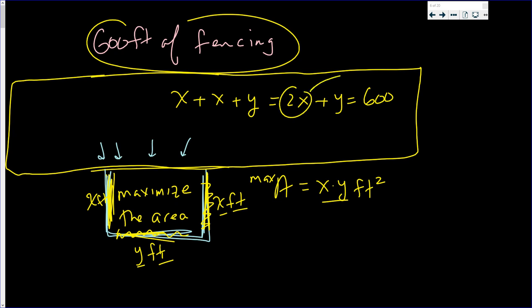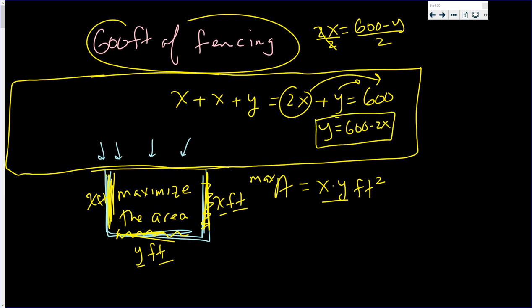So it's easier to bring that over because then it just says y equals 600 minus 2x. If you brought the y over, then you'd have 2x is 600 minus y, and then you'd have to divide by 2 to get x. But I didn't have to divide by anything to get y. So now we're almost done.